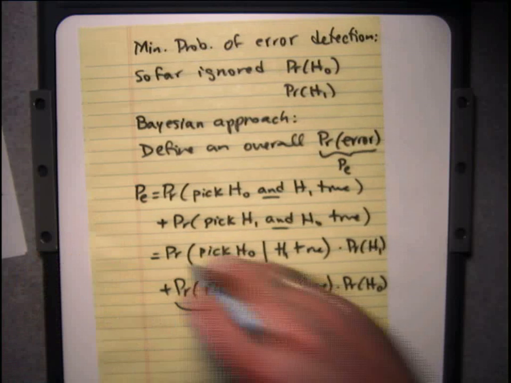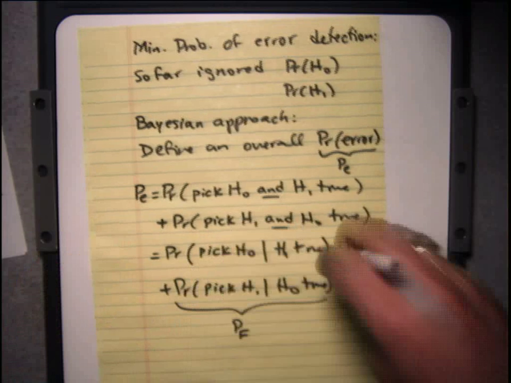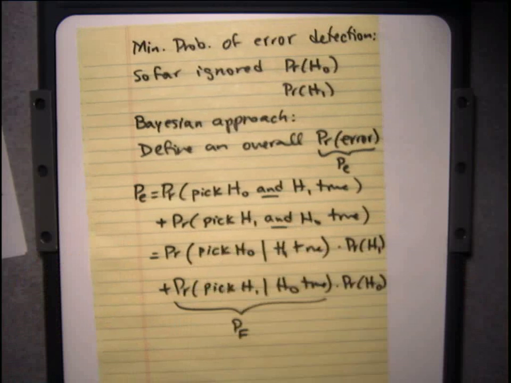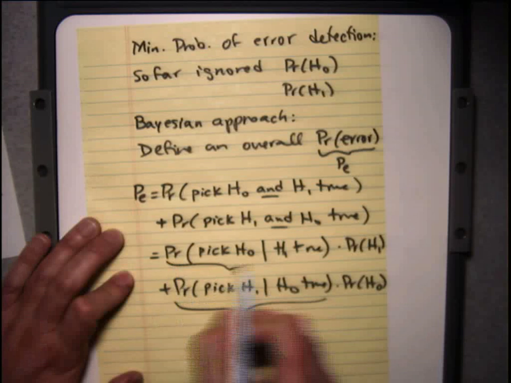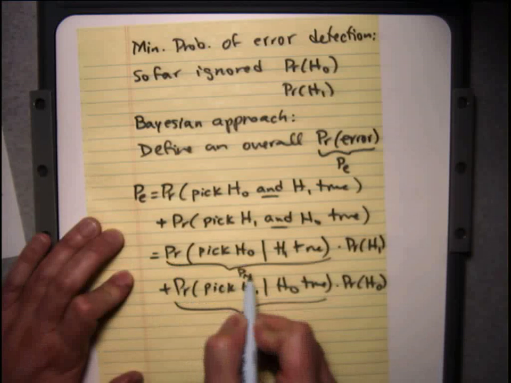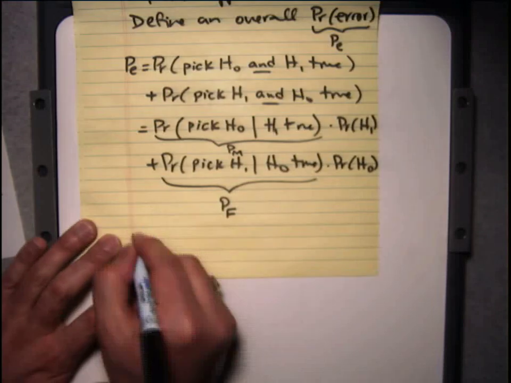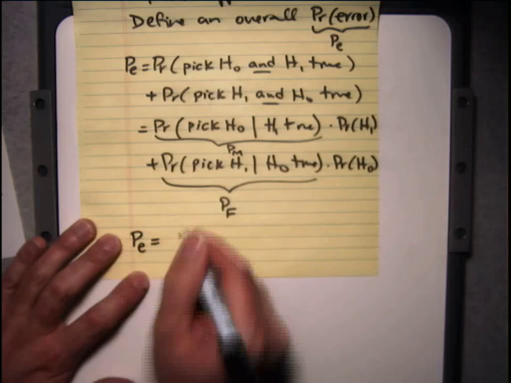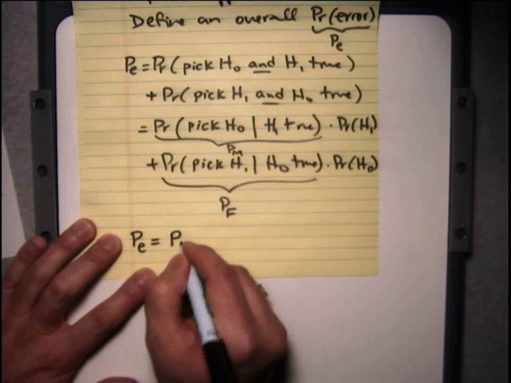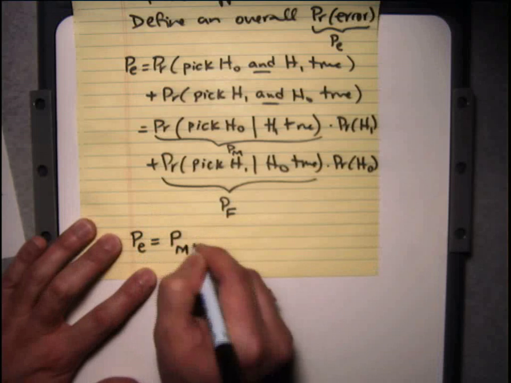What about this one, picking H0 when H1 is true? We call that missed detection. So this was the probability of missed detection.